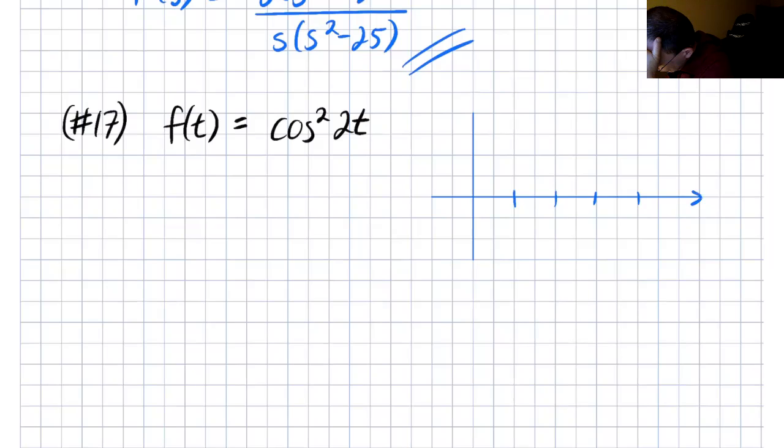Okay, so this is going to be 2 pi over here. Okay, and then I'll have 1, and maybe I'll make it 1 and minus 1. Okay, so cosine goes like this.